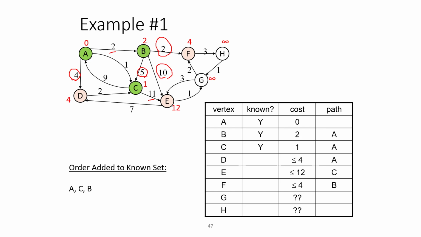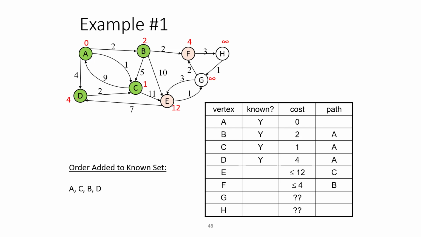I also have these possibilities which I can consider, and then I consider the one with the lowest cost out of these. If I have a path from B, I can reach F in 4, or from A I can also reach D in 4.